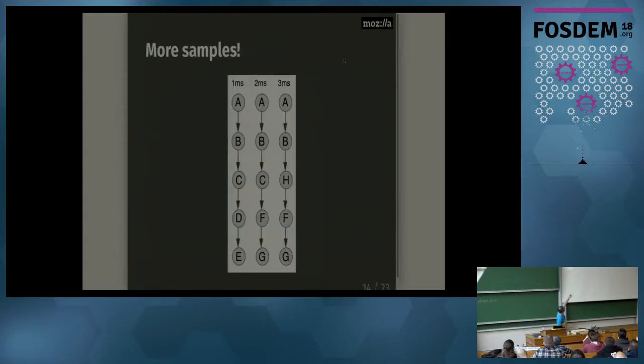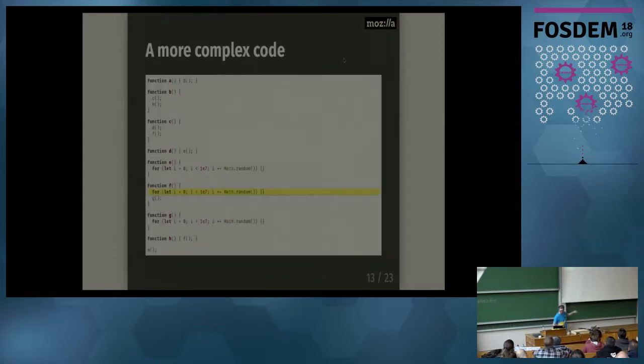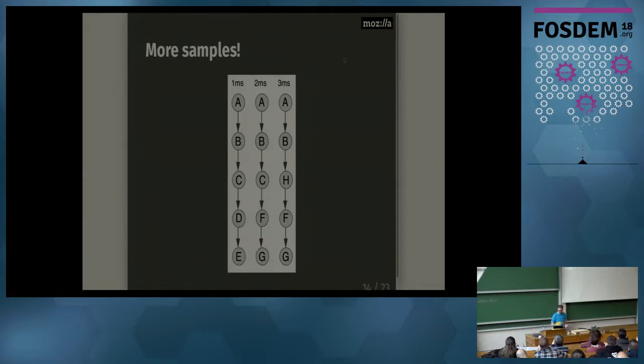The second stack is A, B, C, F, G. And the third stack we have is A, B, H, F, G, because B called H, H called F, and F called G. So we have 3 different stacks.